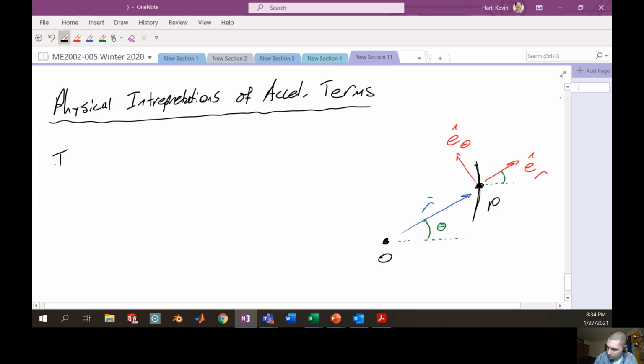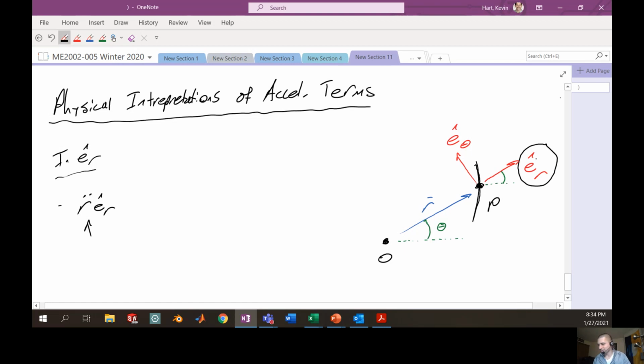So in e hat r, we have the following. We have r double dot e hat r, all right? This here is the second time derivative of the position of the particle. So this, remember, is the acceleration of the particle along a line that is in the e hat r direction.